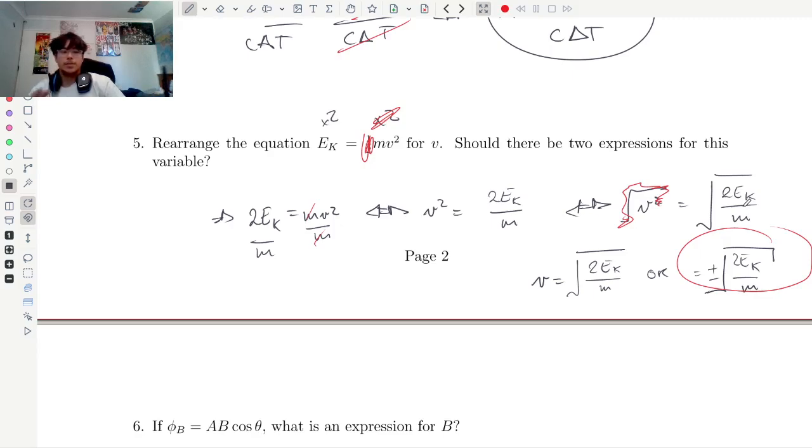The negative tells you which direction you're going. So if we denote positive velocity to be right, so normally going right is the positive direction, then if you have a negative velocity, that means you're going in the opposite direction, right?